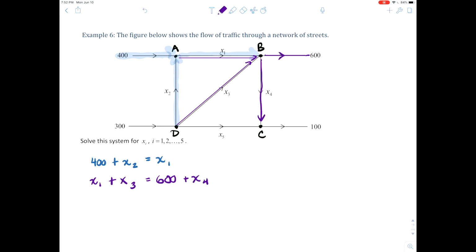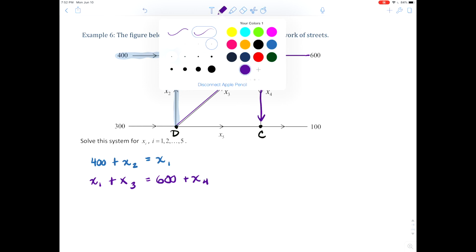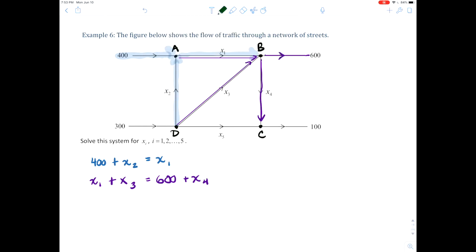Cool? Okay, so now let's look at junction C. So flowing in to junction C is X4, right? We also have X5 flowing in. And I think that's it. And so what's flowing out is the 100.